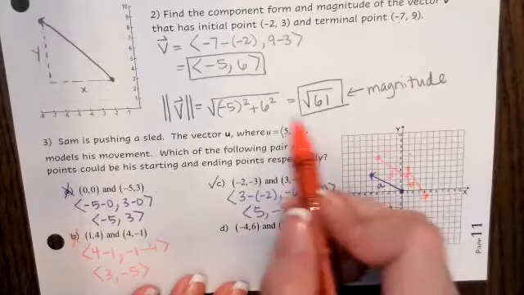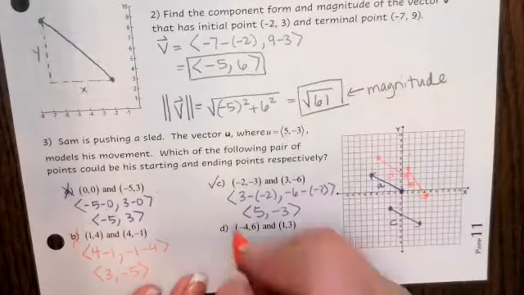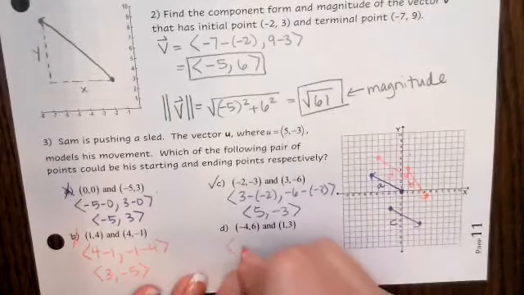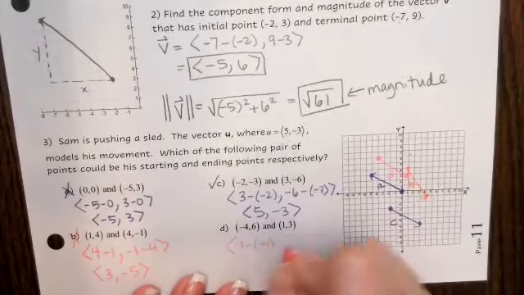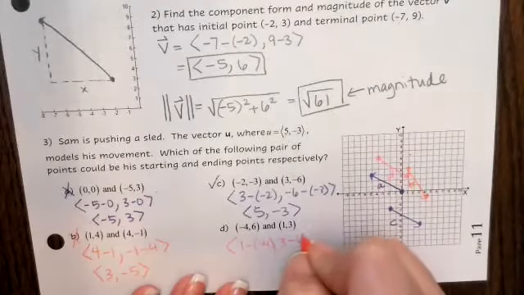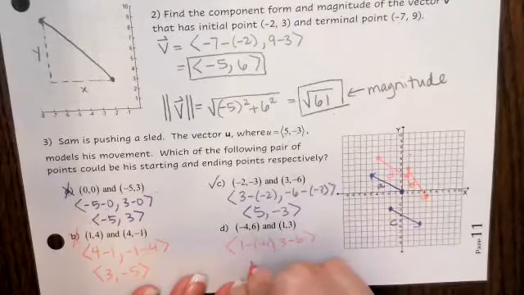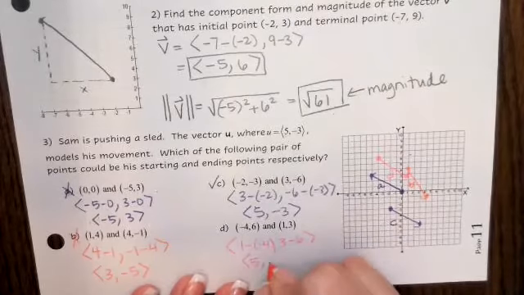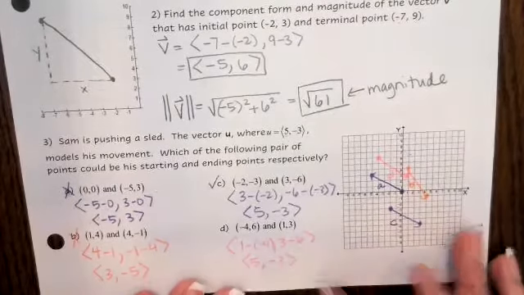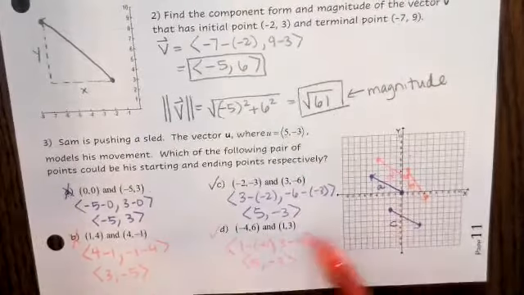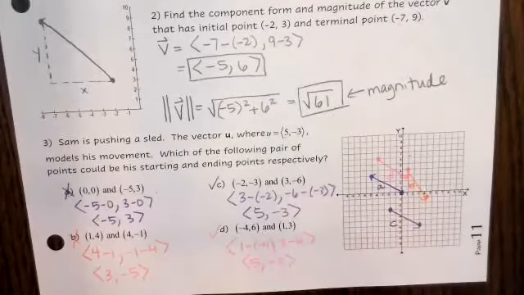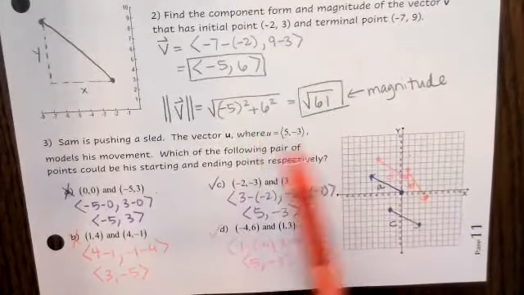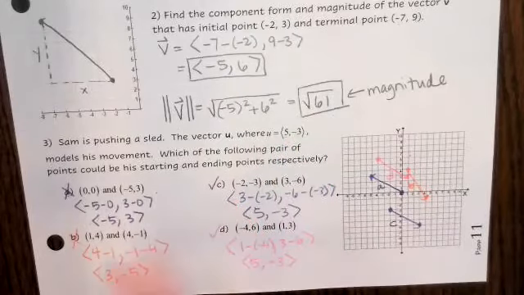So it does match our component form there. I can do it algebraically to show you as well. That gives us a 5, and that gives us a -3. And so we've shown that that also works. So both of these have the same direction, which would match our initial problem. So both of these can show Sam pushing the sled.